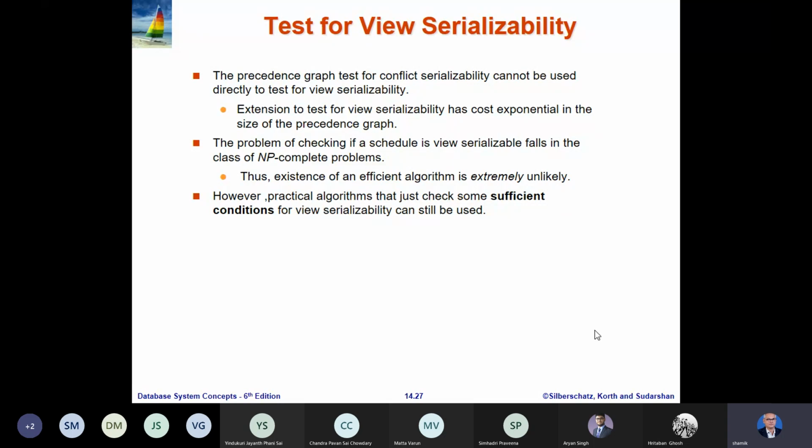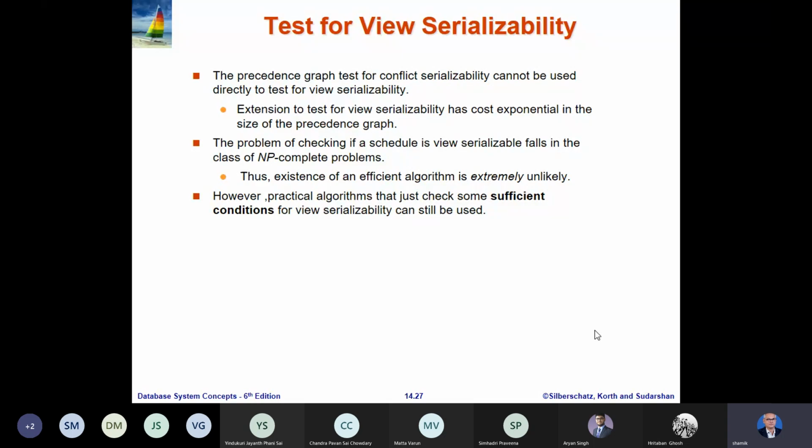But there are certain practical algorithms that check certain sufficient conditions. If those conditions are there, then in polynomial time you can figure out that it will be serializable. But if the conditions are not there, it still might be view serializable, but those cannot be detected by efficient algorithms because the problem is very complex.